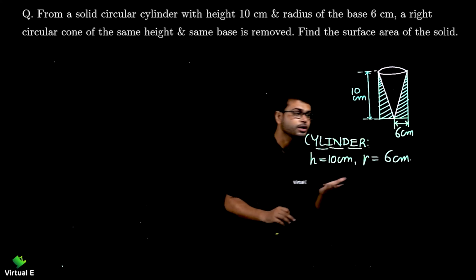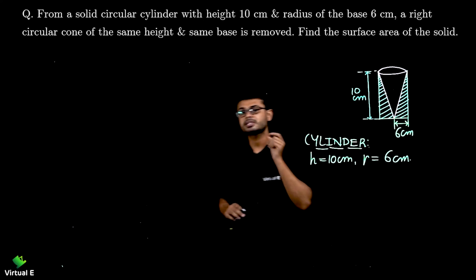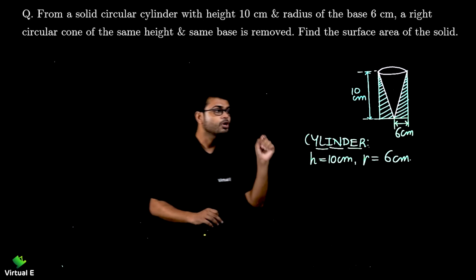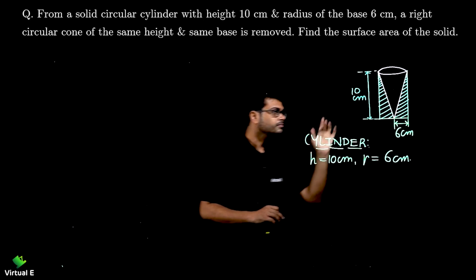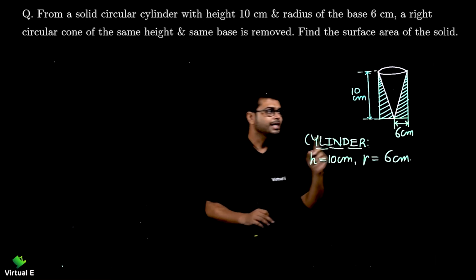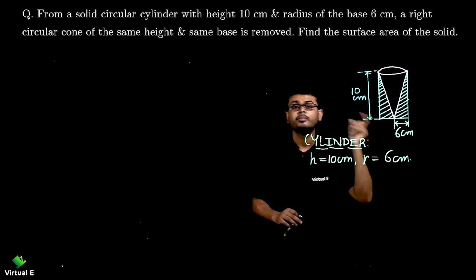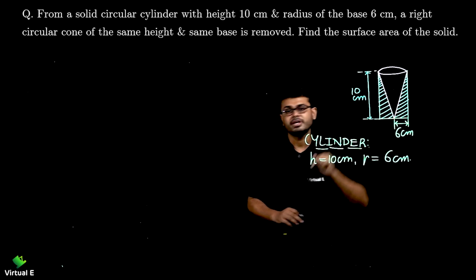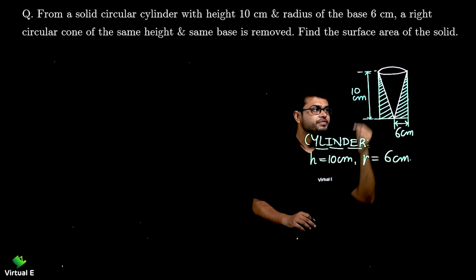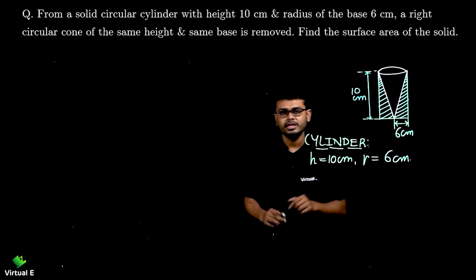But what about the bottom? Bottom surface area is considered, and the bottom of the cylinder is what? A circle, right? So when I count the surface area of the cylinder, that is curved surface area plus area of the base. Remember, I will be taking two areas, which are curved surface area and area of the base.